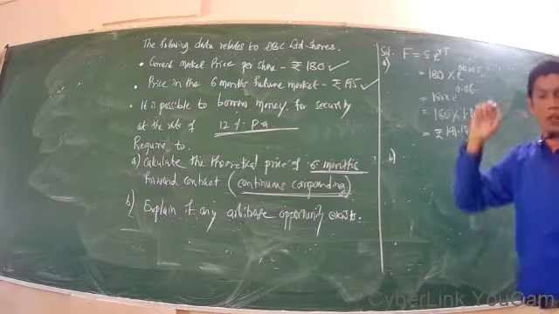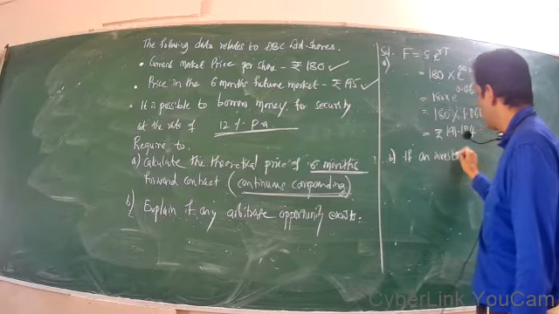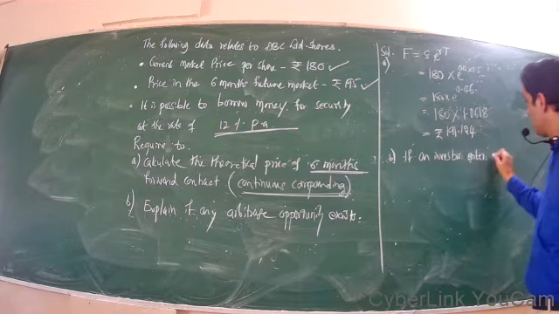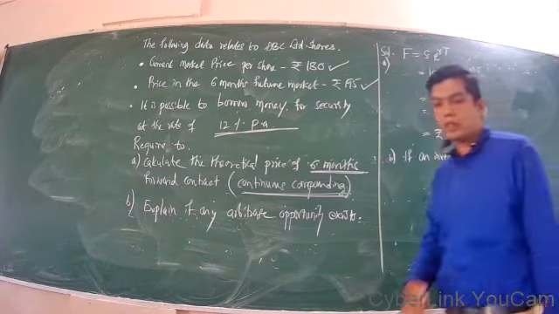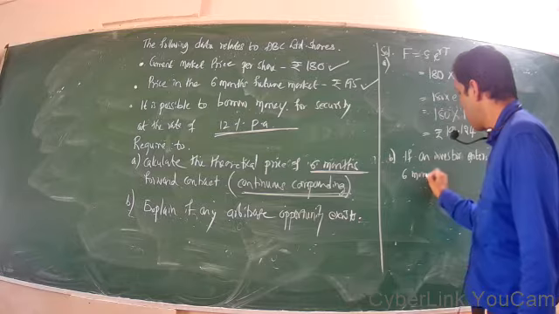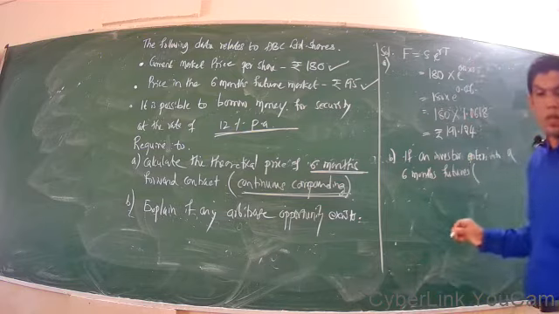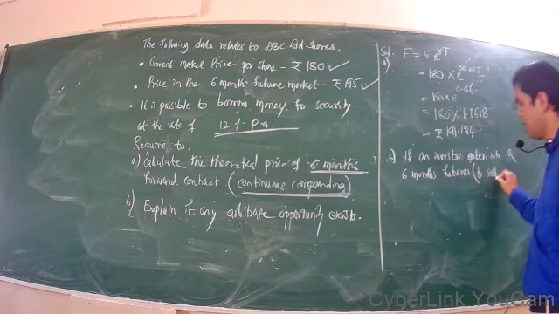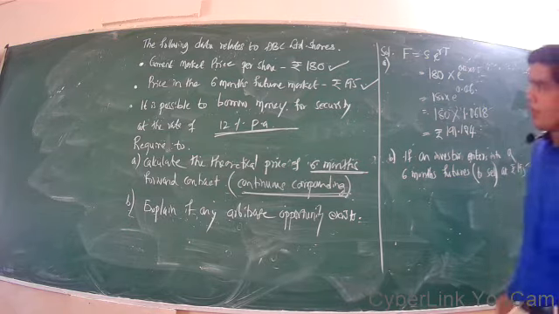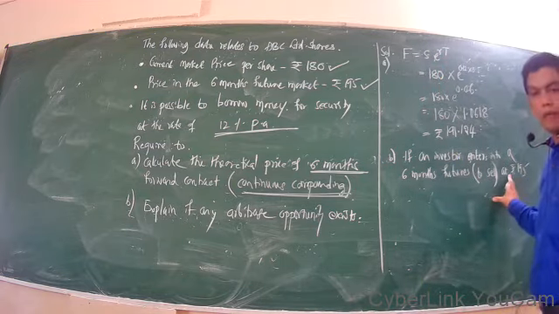See, if an investor enters into a 6-month futures to sell at rupees 195, because they have given the price in the 6-month futures market as rupees 195, right?